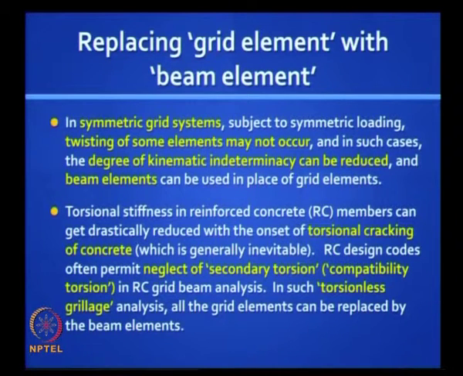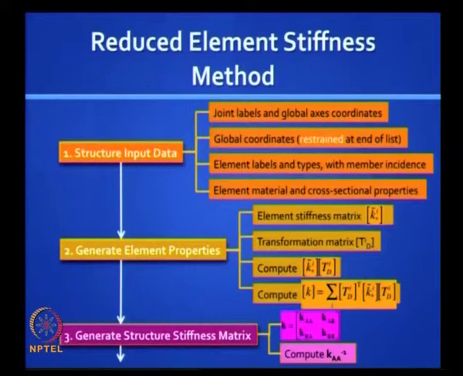In such torsionless grillage analysis, which we do frequently in bridge decks, you can release these twisting moments, and all the grid elements can be replaced by beam elements. But let us learn the right, proper way of dealing with torsion, and torsion will always be there. It may not be significant, but you should appropriately assign the torsional stiffness values.